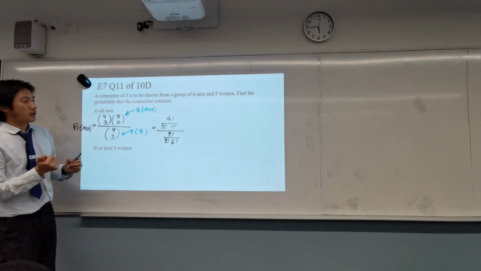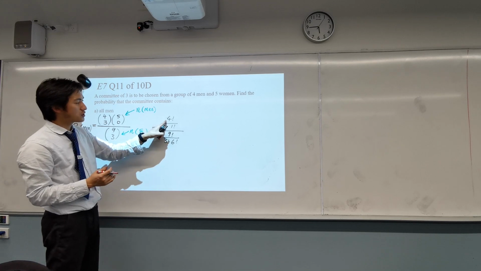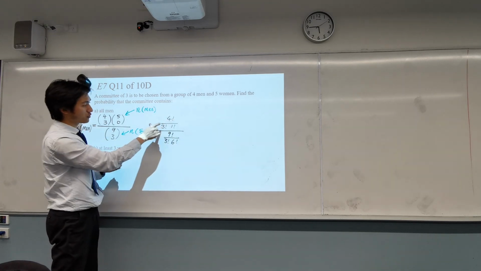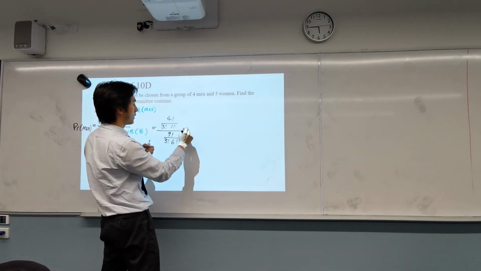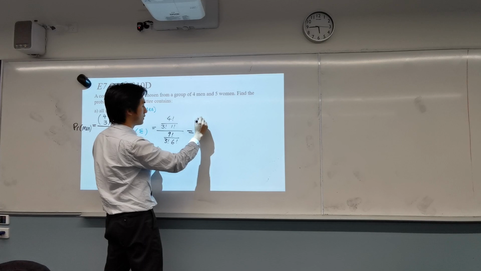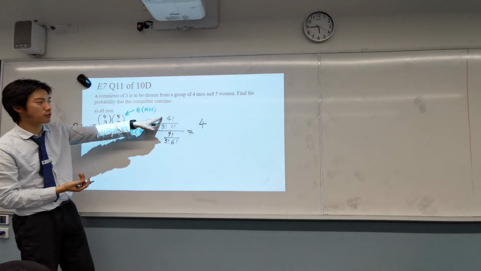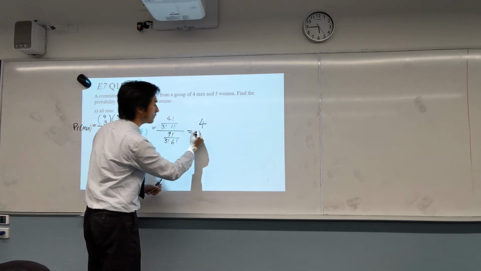Now the numerator turns out to be 4 times 3 times 2 times 1. That 3 times 2 times 1 up there cancels out with the 3 factorial at the bottom. So the answer is just 4. The numerator is 4, because 4 is remaining and you're still dividing it by 1. 4 divided by 1 is 4.